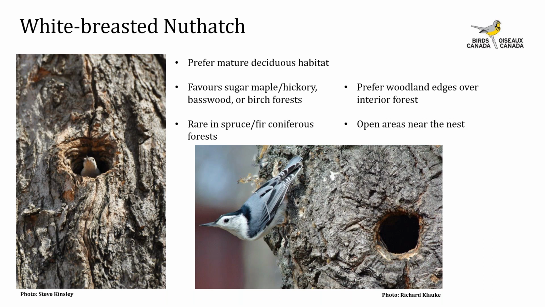The white-breasted nuthatch is rare in spruce-fir coniferous forests, and they seem to favor sugar maple, hickory, basswood, or birch forest compositions, and favor woodland edges over interior locations. Also where there are open areas near the nest, so there are usually some type of water or roads, even clearings and fields.